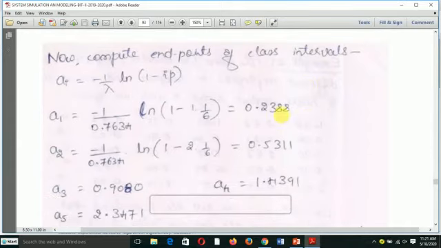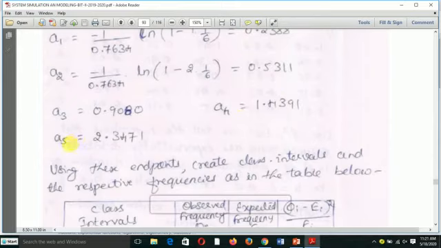So the first interval, it means that the first end point, A1, will be equal to 1 minus 1 out of lambda, which is this value, n1 minus 1, which is 1 out of 60. You can get it in the same manner as we did previously. We find this value. You continue till A5 because we are having 5 intervals.